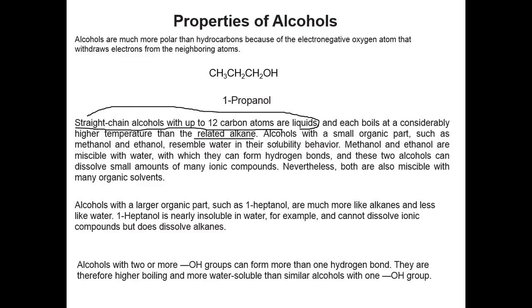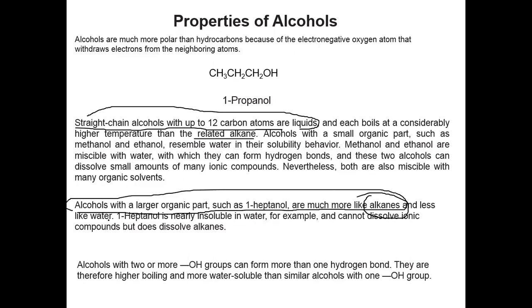These hydrogen bonds form with other molecules, so alcohols have a higher boiling point than alkanes. Big alcohols, such as heptanol, with more than 7 carbons, are more like alkanes. Alcohols with larger organic parts, such as 1-heptanol, are much more like alkanes.